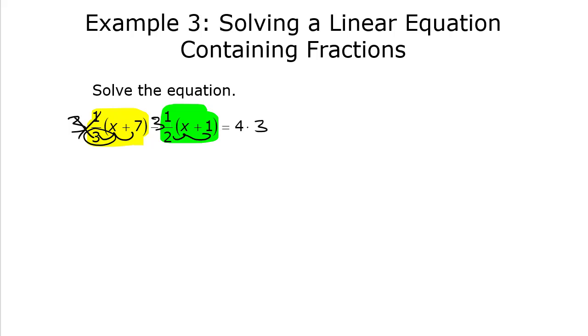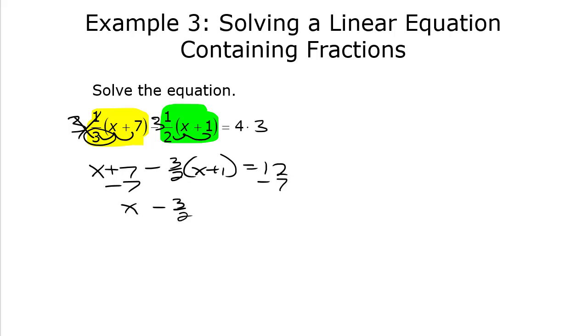It's going to kill off this fraction, and you're just going to have x plus 7, and then minus 3/2 x plus 1 equals 12. We can go ahead and combine like terms just to kind of clean things up for now. Because again, we don't have to do these all in one pre-prescribed steps.